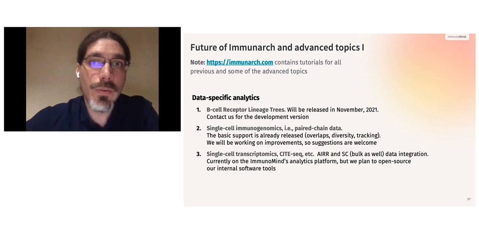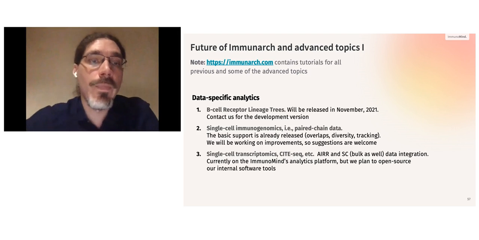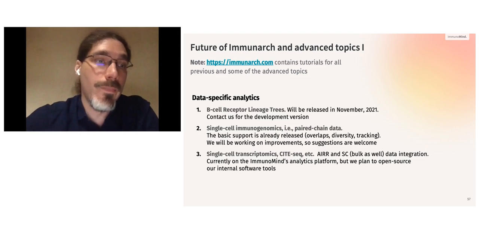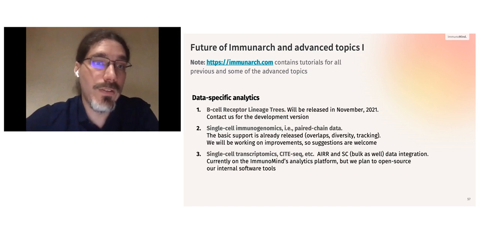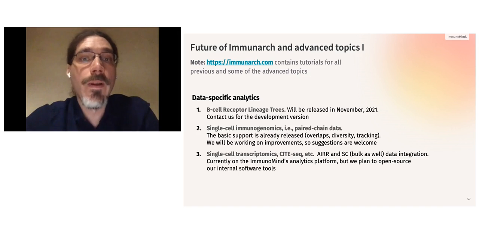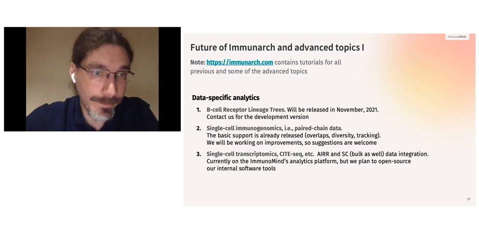We support parsing the 10x Genomics paired chain data format, and the basic support such as diversity, tracking, overlap computations or exploratory data analysis is working in Immunarch. Of course, we'll be working on improvements, so any suggestions are welcome. If you work with transcriptomics and immunomics data and you would like to somehow integrate it, please feel free to contact me.